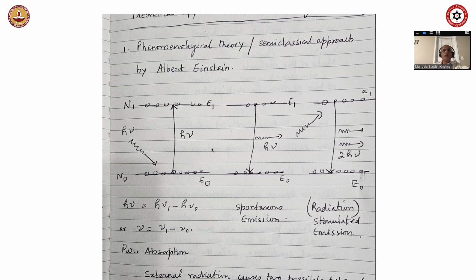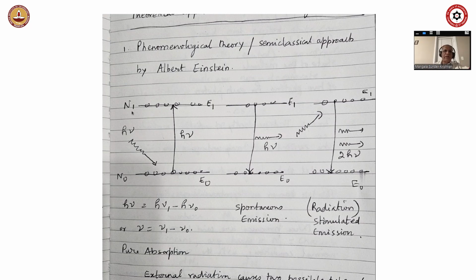Let's take a molecule with only two energy levels, E0 and E1. We'll only look at the small, localized two energy level. E0 is the ground state, E1 is one excited state. Okay. Now, how can you take the molecule from the ground state to the excited state? You can shine light, radiation.